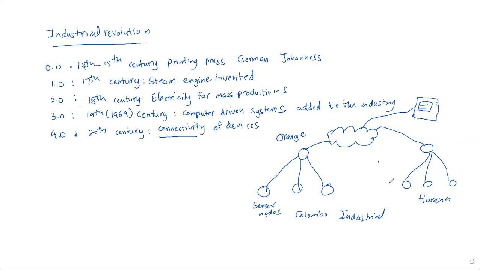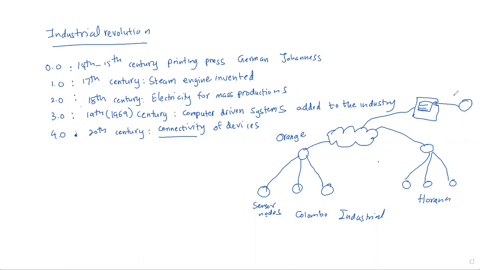So in this setup, we have connectivity in multiple places. We can have connectivity with a remote user, who can connect to the cloud server and gain data about the industrial facilities' current status.